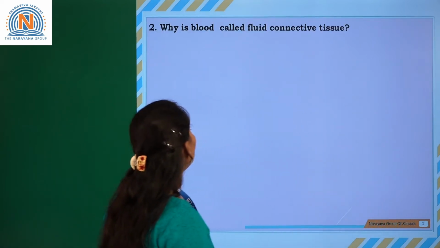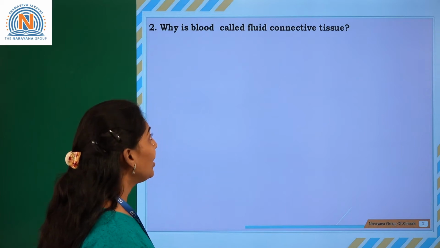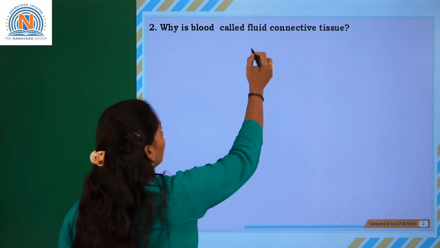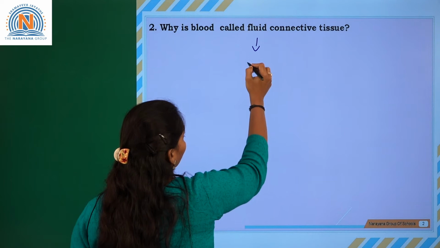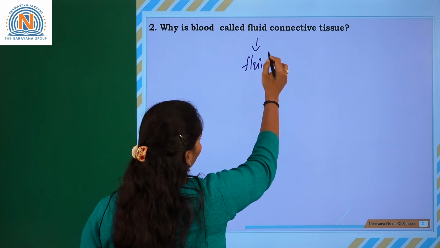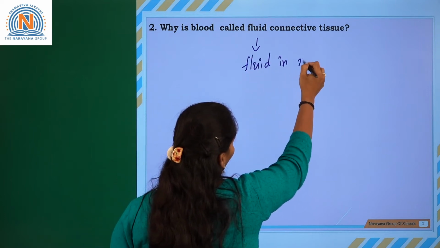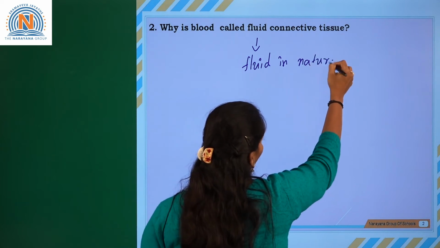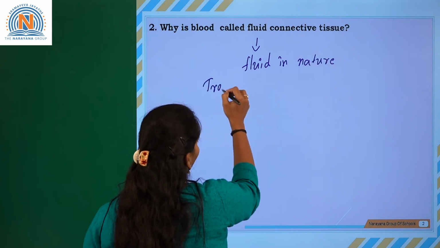The next question is, why is blood called fluid connective tissue? Because blood is fluid in nature, and it is very useful for transporting all the materials.